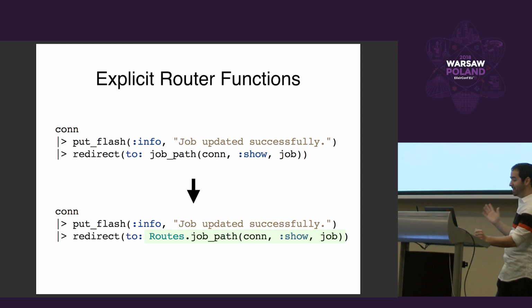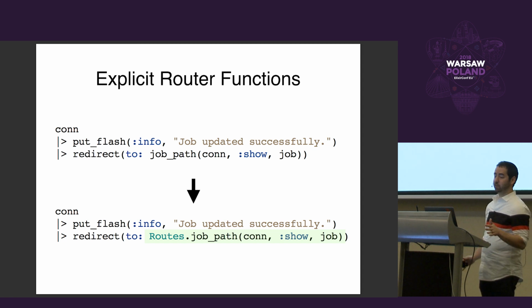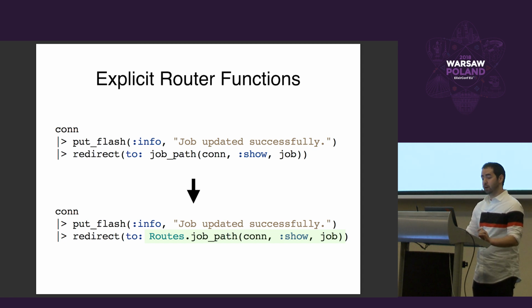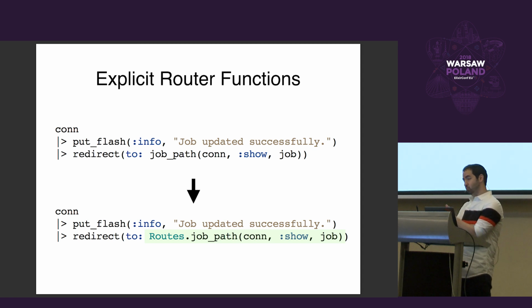And we have some other innovative, exciting features. We're going with explicit router functions for Phoenix 1.4. Today, we had a problem where in your router module, you have my app router helpers. It's a dynamically generated module, and then we import those functions in your app web.ex file into your router, into your controllers, into your views.